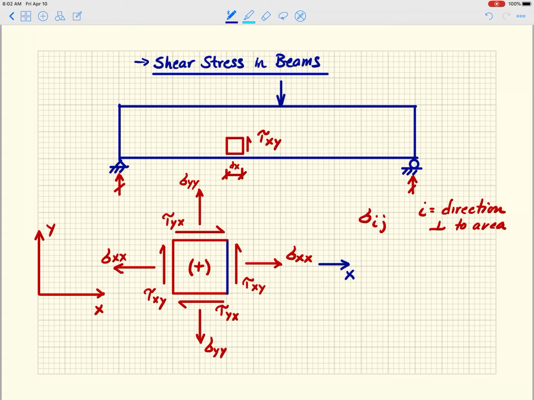So the direction of a face is the normal of the face, right? So that is the area, right? And then j is the direction of the force. I'll put stress here, actually, because we're now at the infinitesimal level, so that's the stress, right? But that's basically the direction of the arrow, right?